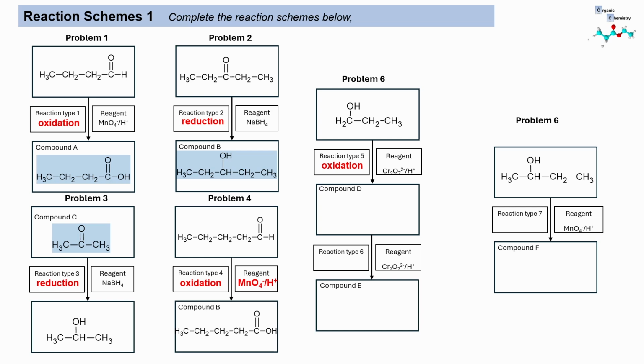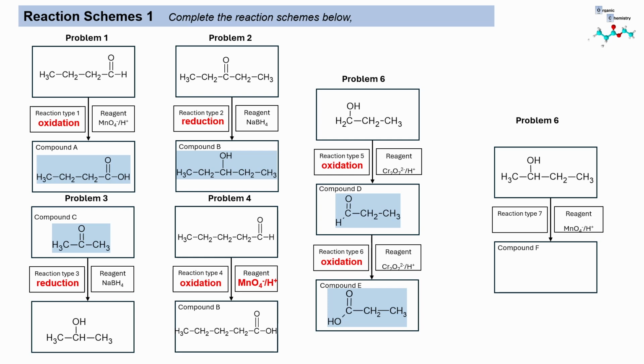So I have to be careful not to write the carboxylic acid in here because compound D is going to be the intermediate aldehyde. So let's write that down. So we have the carbon, double bond oxygen, and a hydrogen. This is our aldehyde functional group. And then we do one more oxidation step and we get to a fully oxidized molecule here, and this is a carboxylic acid, and we can't oxidize that anymore.